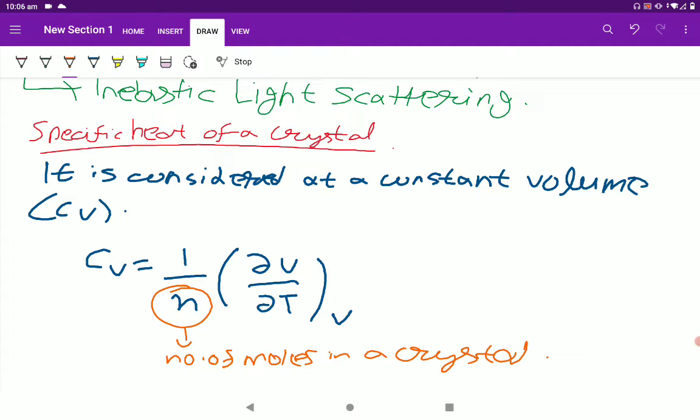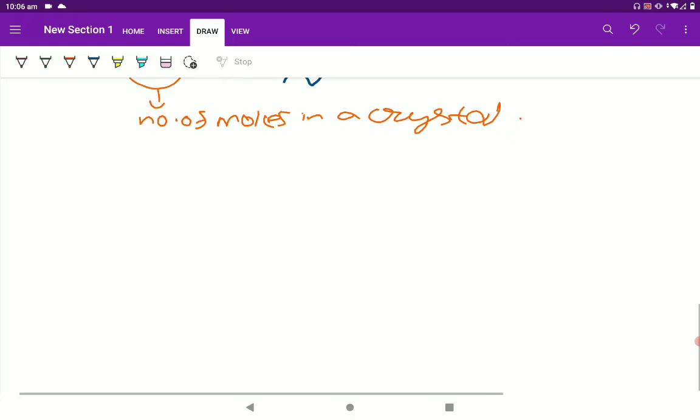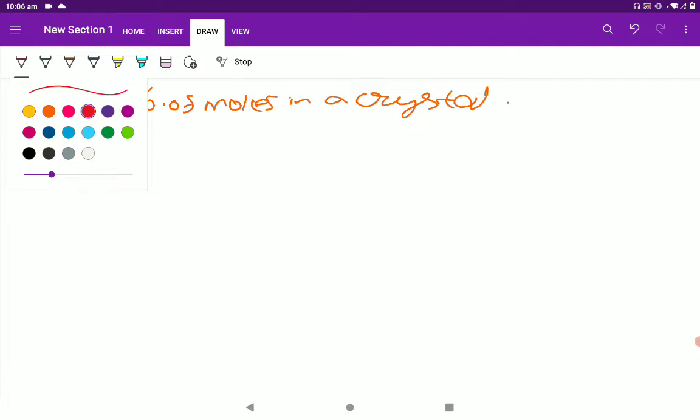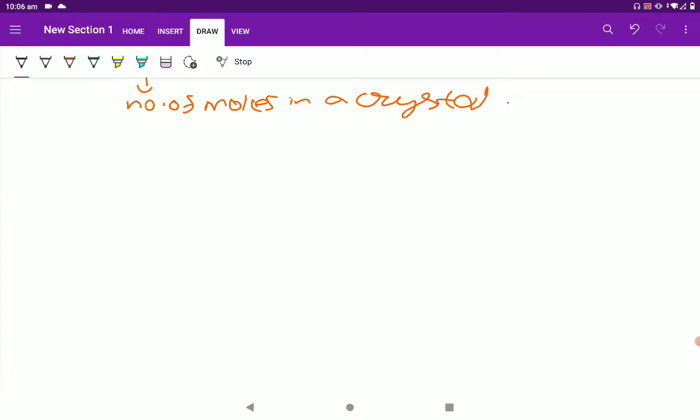Now let's look at the behavior of specific heat with respect to temperature. So let me plot the graph. This is the y-axis, this is the x-axis.